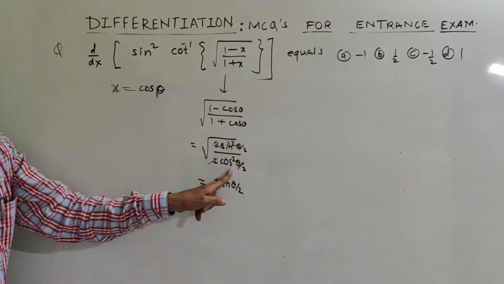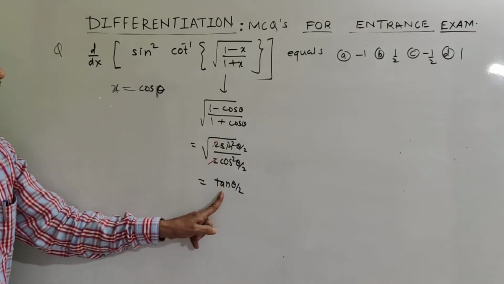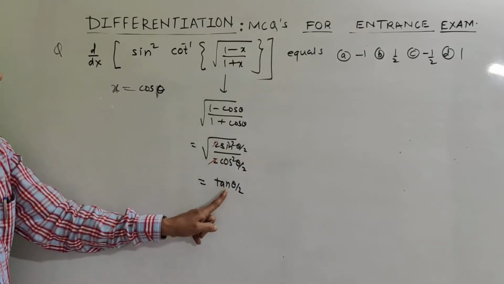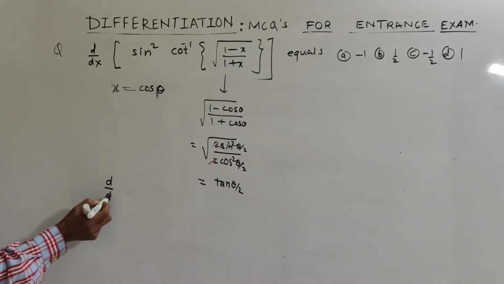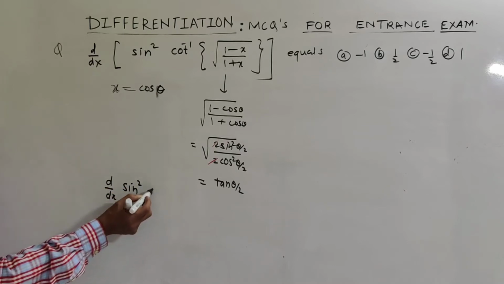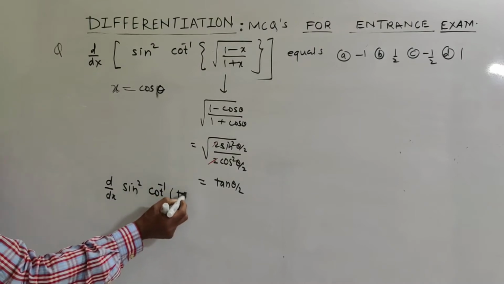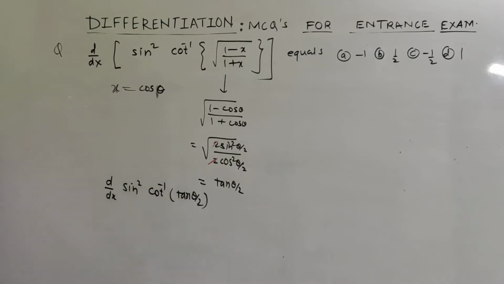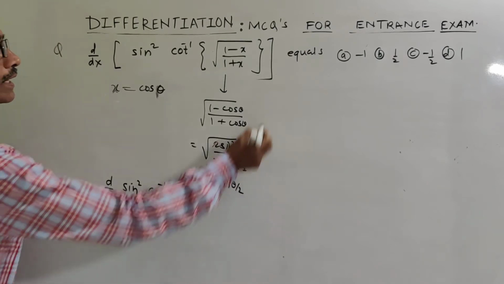Root of sine square upon cos square, root of tan square theta by 2, that is tan theta by 2. So in place of this we will write tan theta by 2, and therefore it is d dx of sine square of cot inverse of tan of theta by 2. Now here cot inverse and tan, so we will write allied angle.